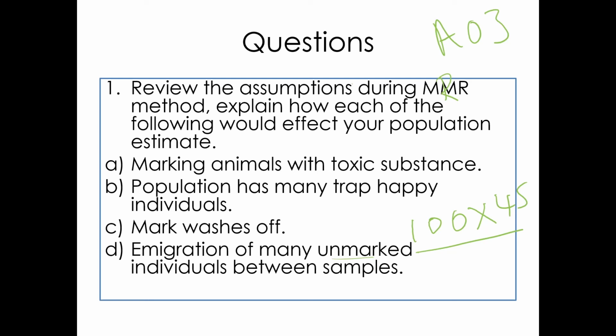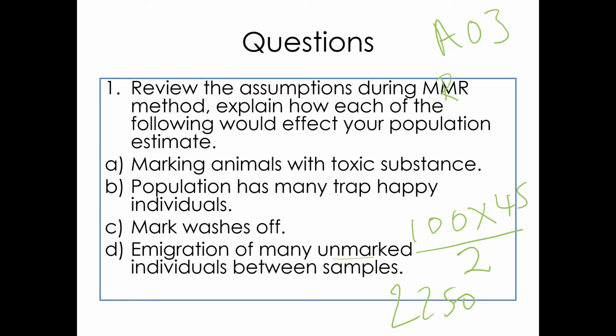So as they migrate into the area, it means that there will be fewer marked individuals in that second capture, because of course it's a ratio. So that one's a bit harder to think about. So let's think now we've got maybe 2. Again we're going to get an overestimation, a much bigger number, because we're breaking an assumption.